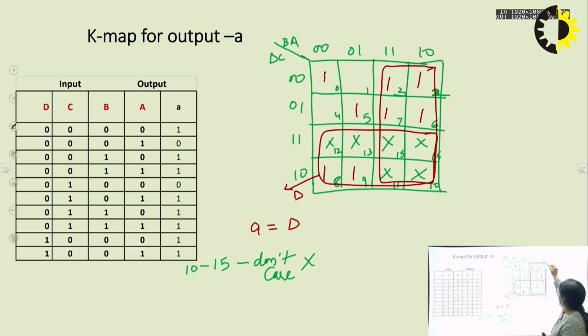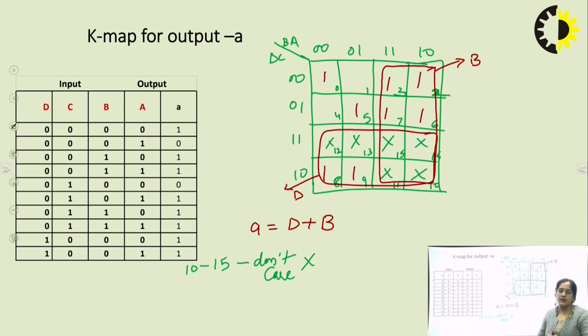And we find that for this octet, only B is not changing. Rest D, C is changing, A is also changing. So we have B plus D plus B. Now still we are left with 2 ones. We can't leave this untouched.